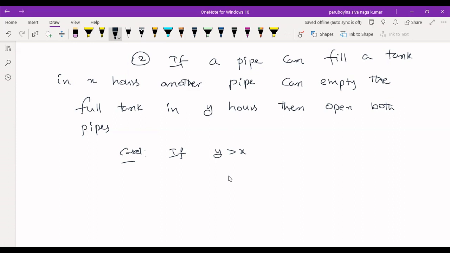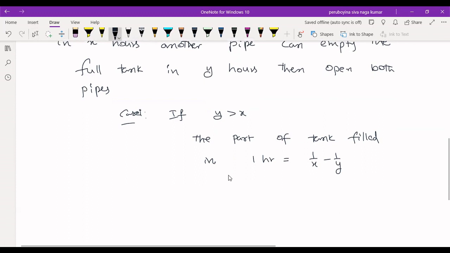In this case, the part of the tank filled in 1 hour is equal to 1 by X minus 1 by Y.